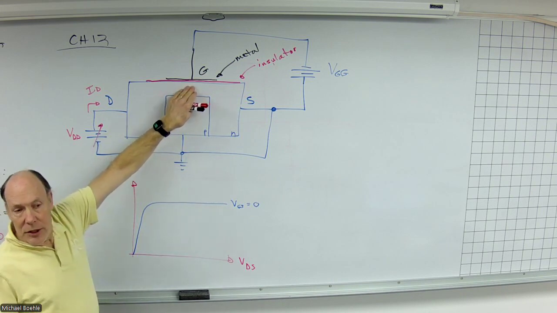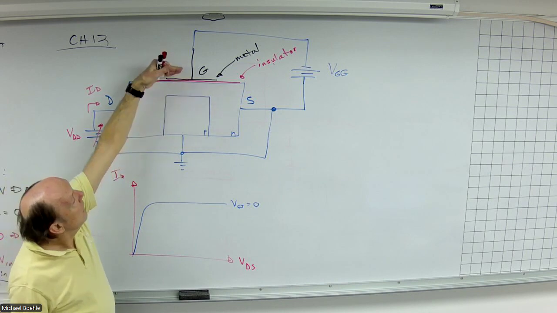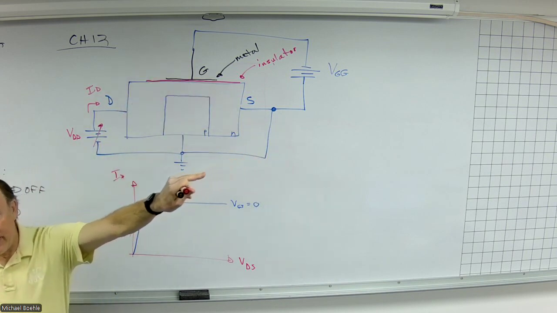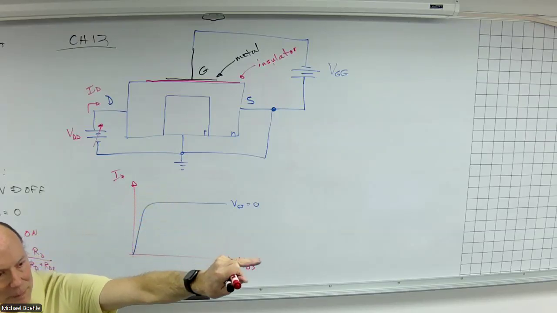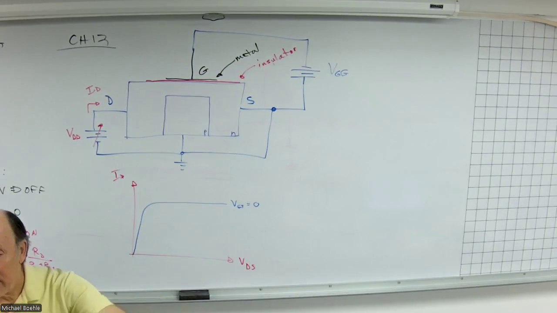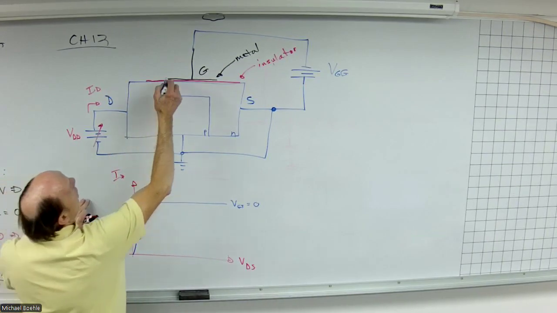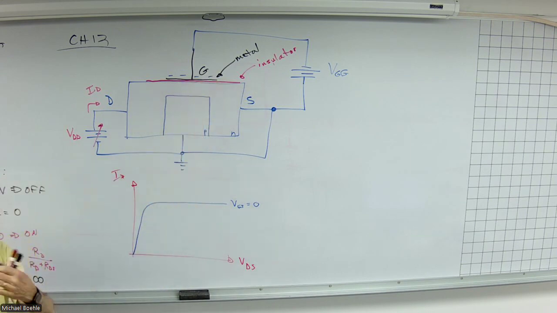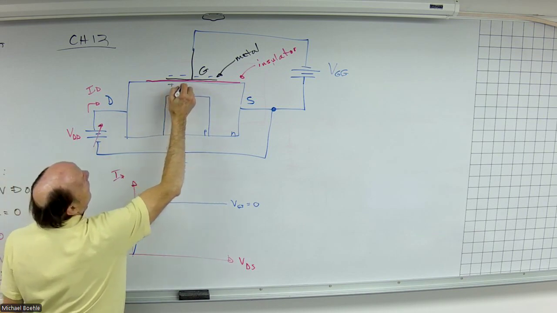This is a conductive material, another conductive material, separated by an insulator. What is that? It's essentially a capacitance. And so if I put a negative voltage on this side of the capacitor, what happens on the other side of the capacitor? We get a positive charge.